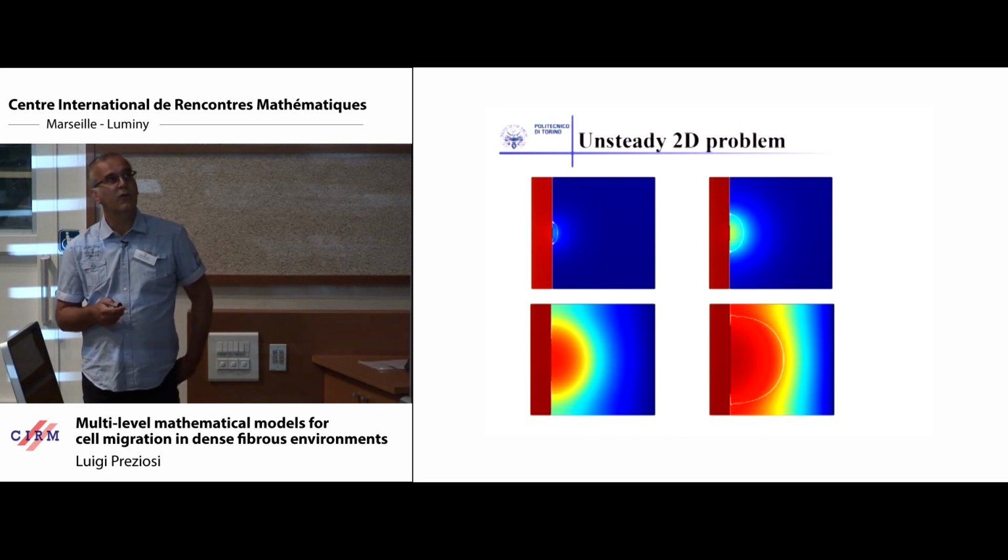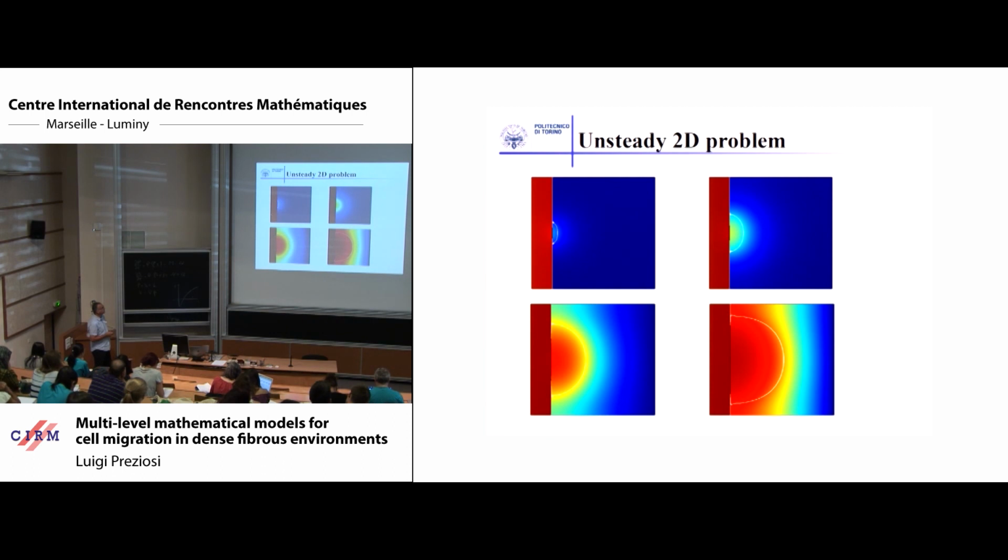So in this simulation here, you have the growing tumors in a duct, but there is a hole here. A hole doesn't mean a real hole. It's just a region in which the pore size is a bit bigger.